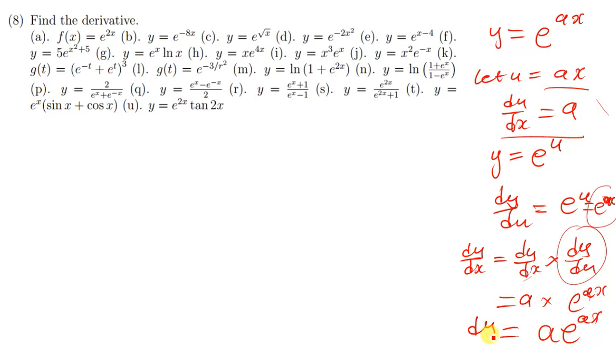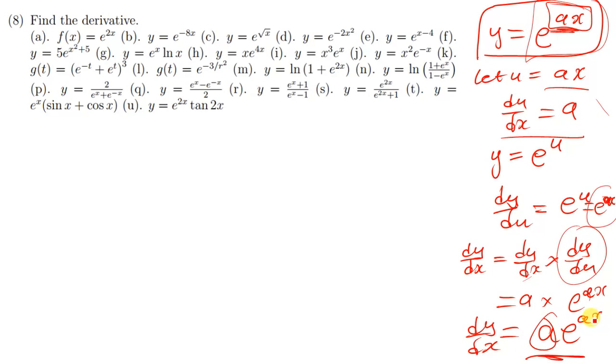So dy dx is a times e to the power ax. What this means is that if you've been given any function in this format, what you need to do is differentiate the power and then multiply it by the original function. If you differentiate the power, you get a, you multiply it with the original function, and you get the value of dy dx.